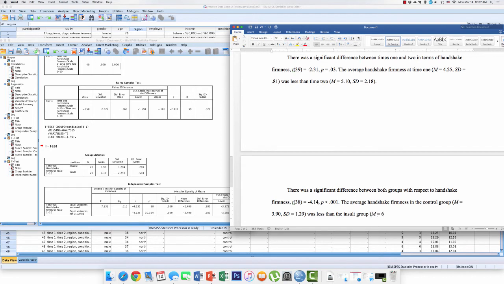And then that's going to be 6.30, standard deviation 2.25.